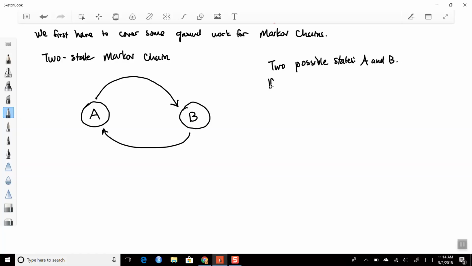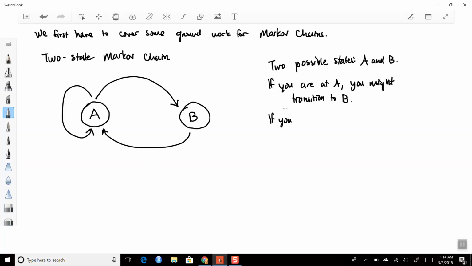Okay, and if you are at A, you might transition to B, okay? Or if you're at A, you can also end up back at A. If you are at A, you might also just stay put, okay?